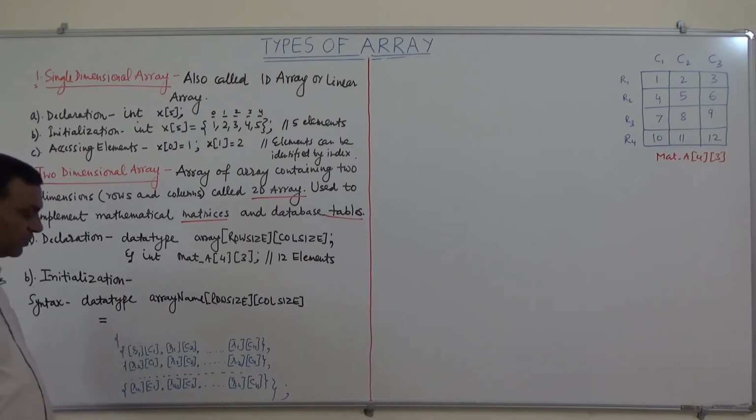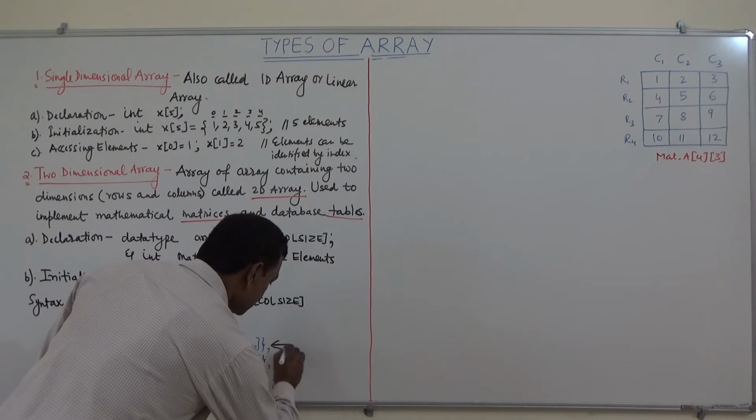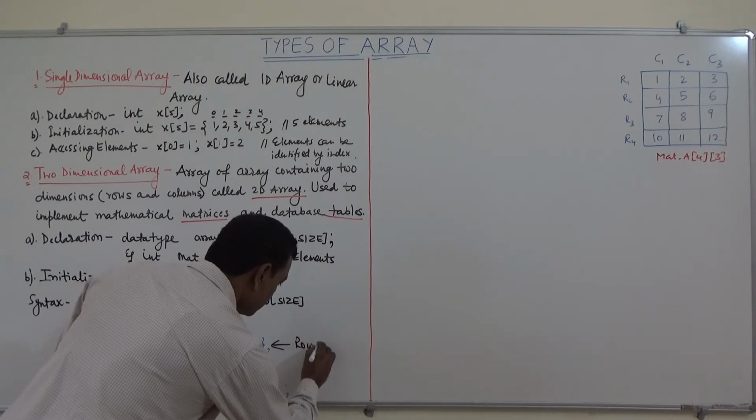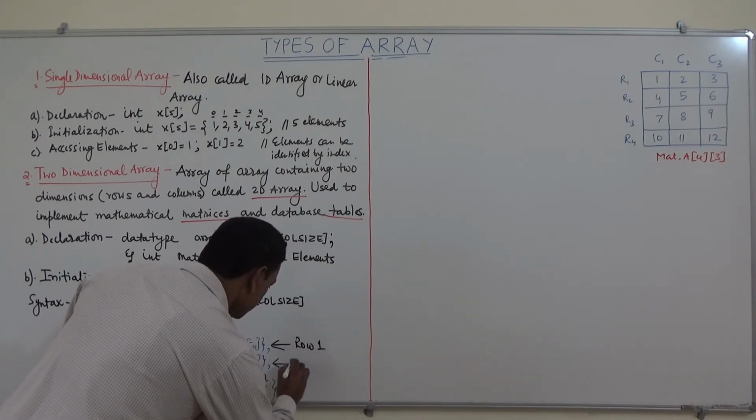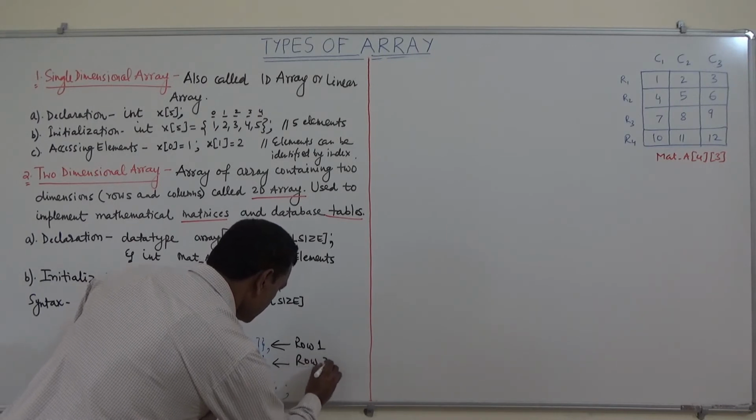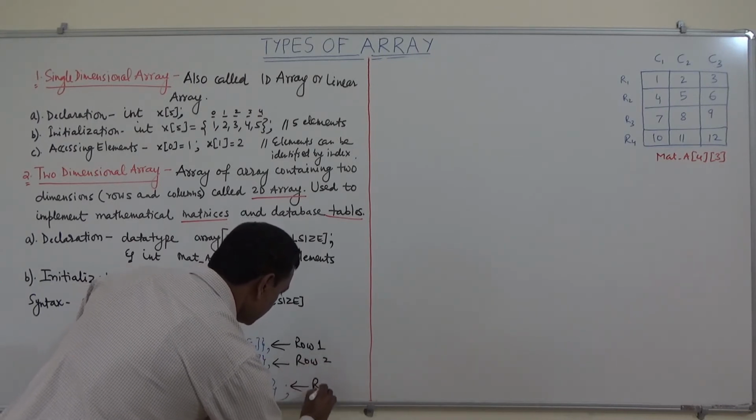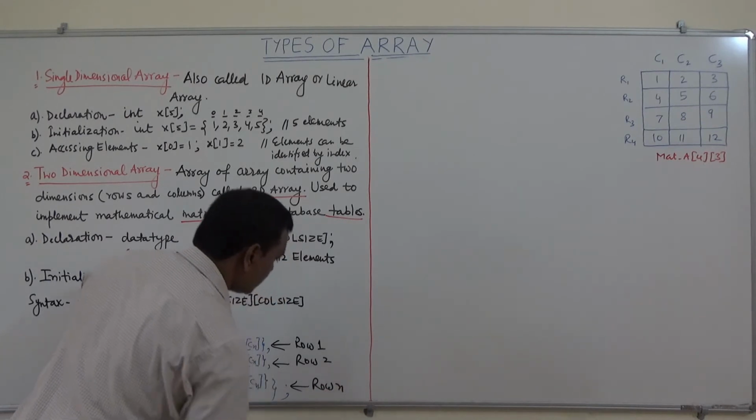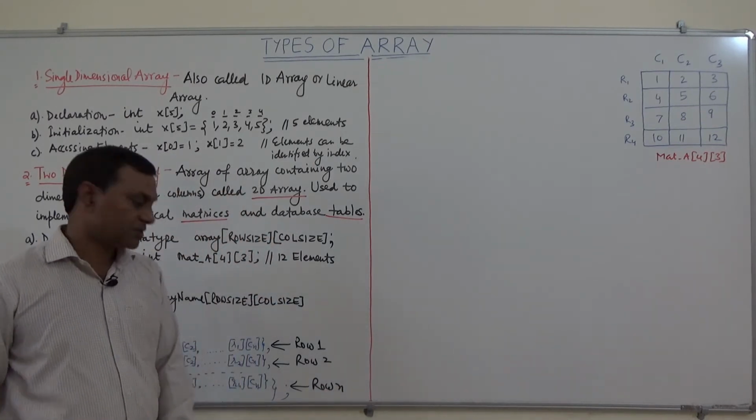So this will be row 1. These are the elements of row 1 and these are the elements of row 2 and then row n. It will depend on the number of rows and columns.